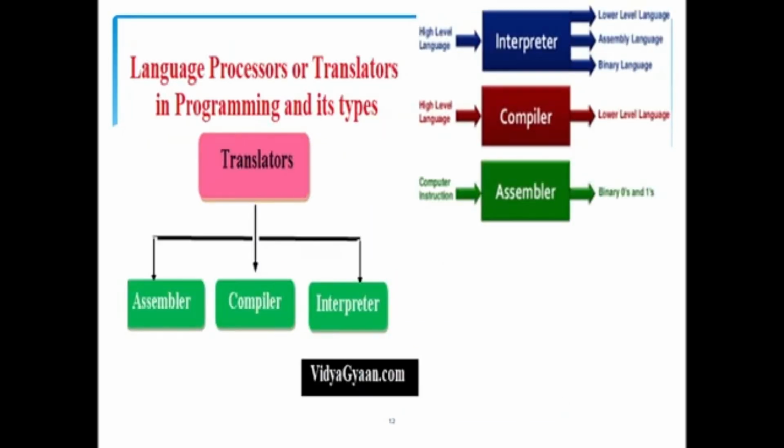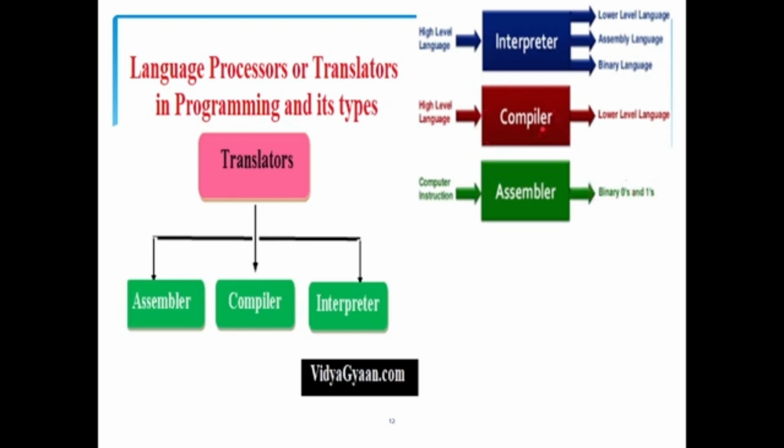Language processors. As I said, a translator is important so that the machine can understand your program and give an output. There are three types of translators: assembler, compiler, and interpreter. What does the assembler do? It converts computer instructions into binary digits or binary format.